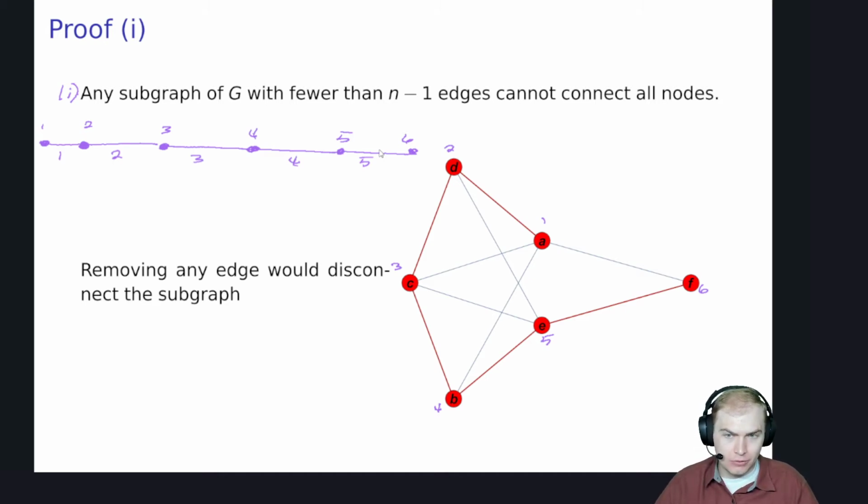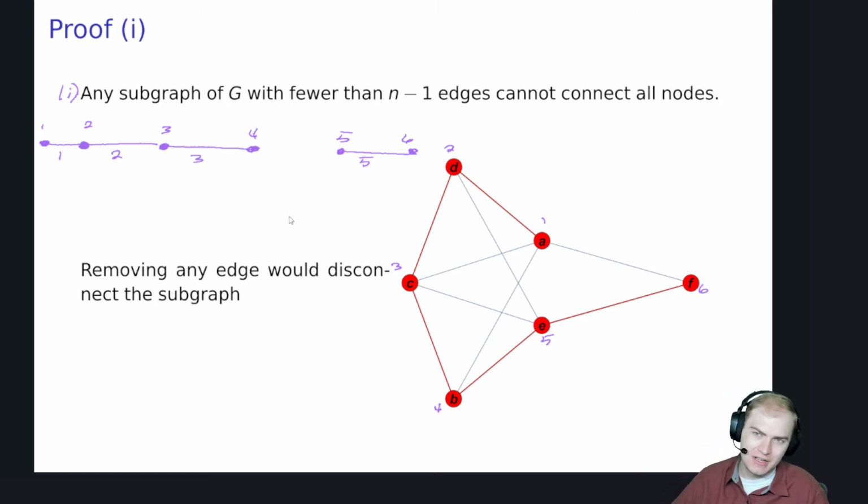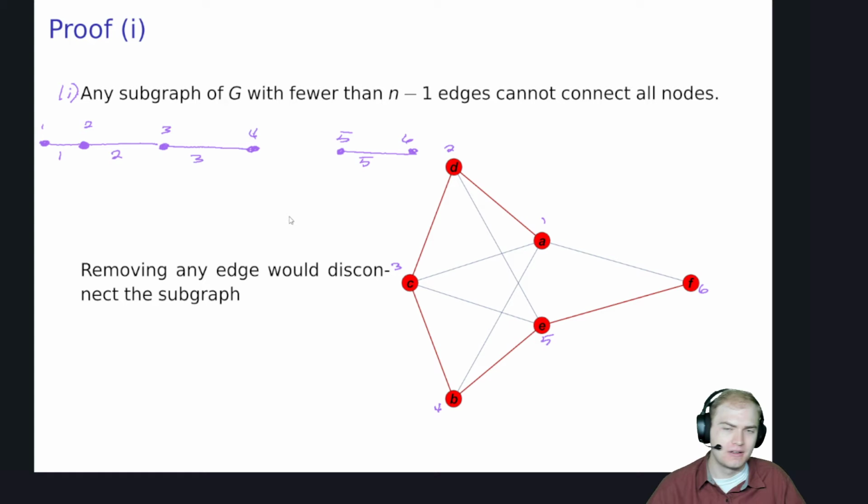If we remove any of these edges from our subgraph, suddenly that subgraph is disconnected. If we only had 4 edges in our path, it doesn't connect all the way from 1 to 6.